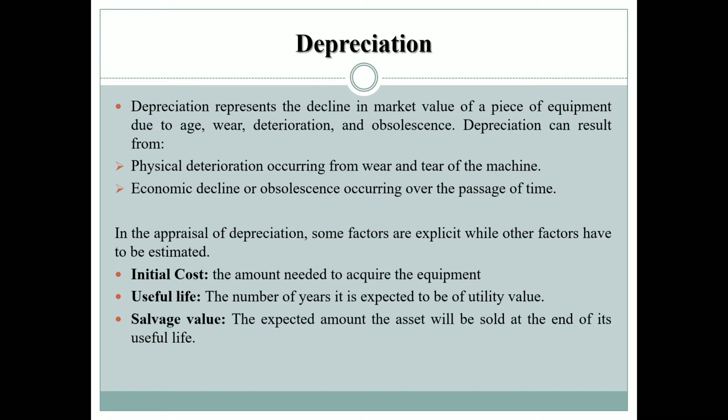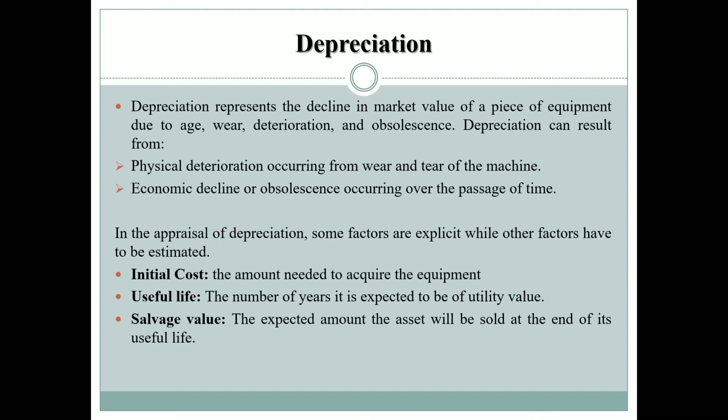So depreciation represents the decline in the market value of a piece of equipment due to age, wear and deterioration and obsolescence. Depreciation can result from physical deterioration occurring from wear and tear of the machine after usage. Next, economic decline, obsolescence occurring over the passage of time.